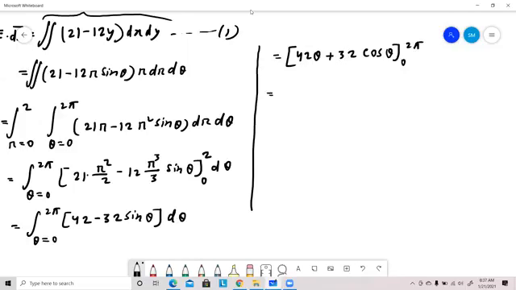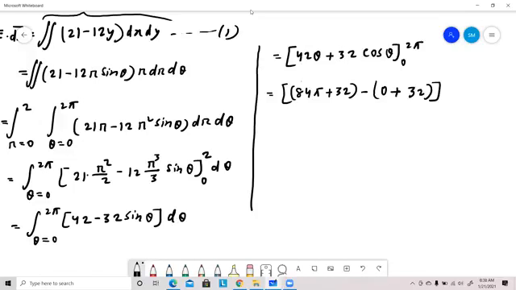Okay, now if we impose the upper and lower limits, then we get 42 into twice pi, that means 84 pi, plus 32 cos twice pi, where the value of cos twice pi is 1, minus 0 plus cos 0, that means 1.